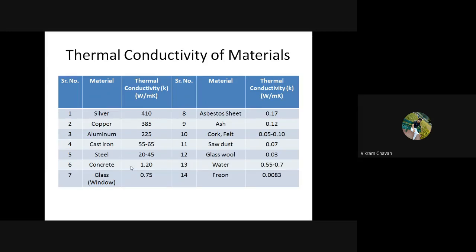If you are building a concrete home, in summer the concrete transfers less external heat to the internal space, as its thermal conductivity is low. And in winter, it transfers less internal heat of the home to the external environment.